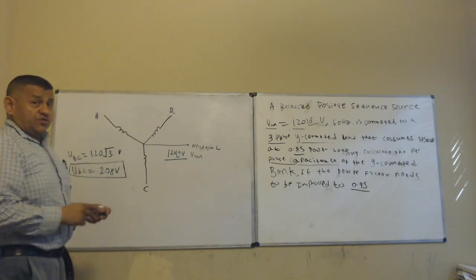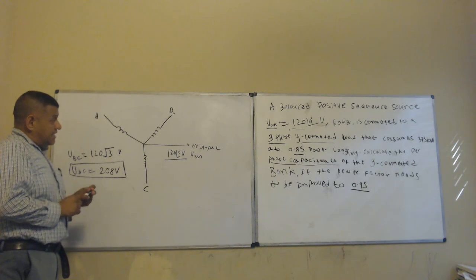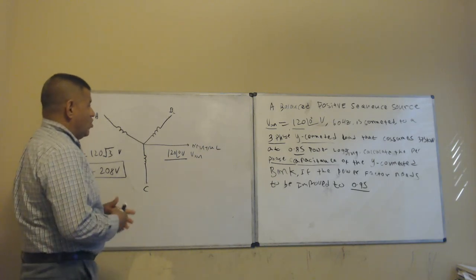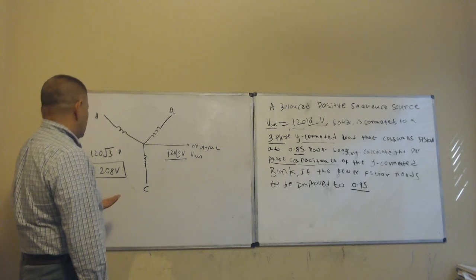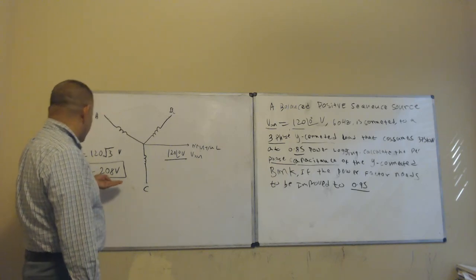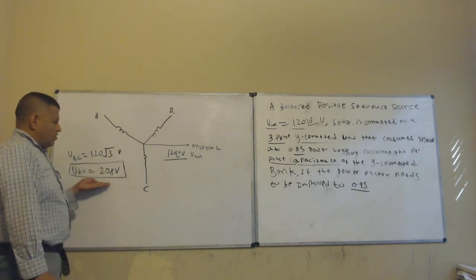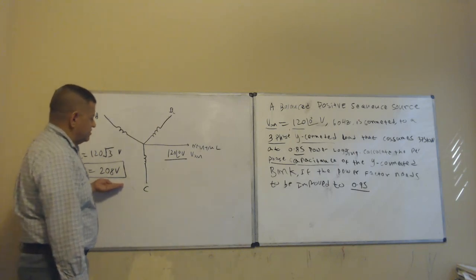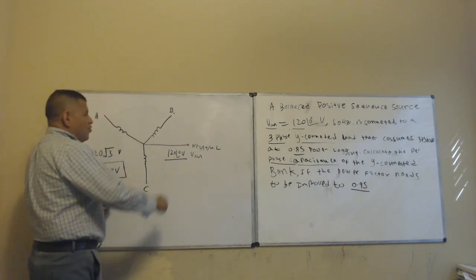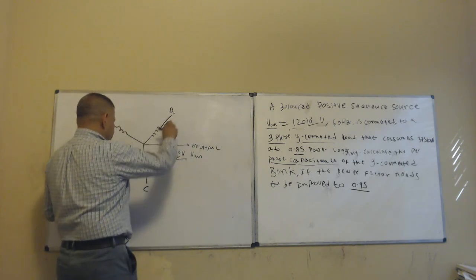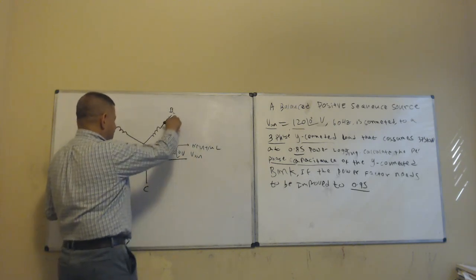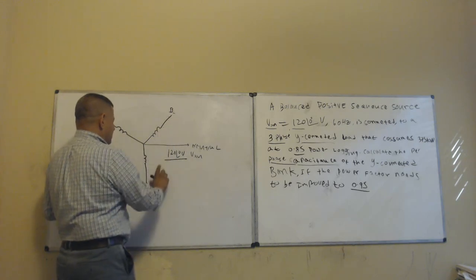So this was kind of a tricky question. What they want to test is how much we know when they say it's a Y-connected load, it's a three-phase. Because we need this number to do the rest of the calculation. So now we use the neutral to calculate the phase voltage, phase to phase.